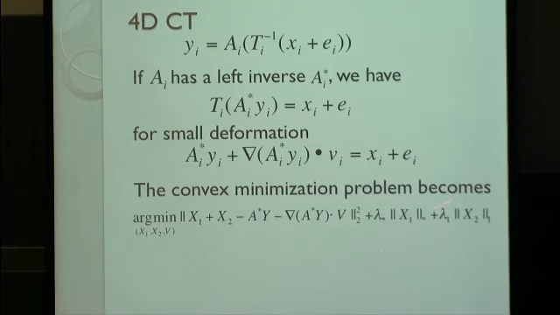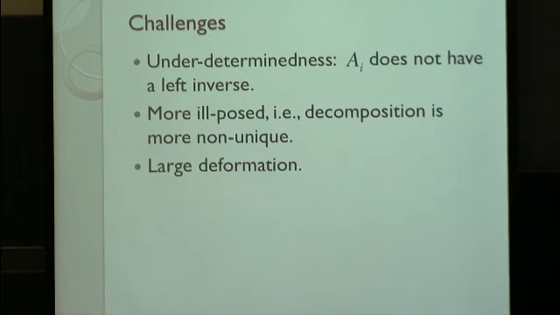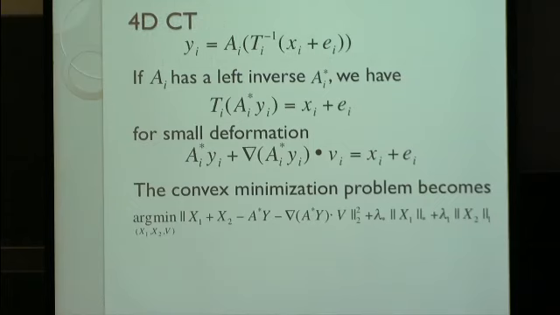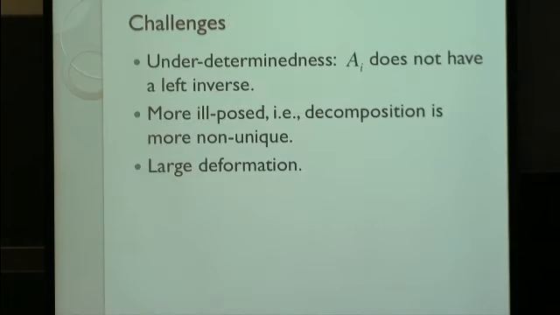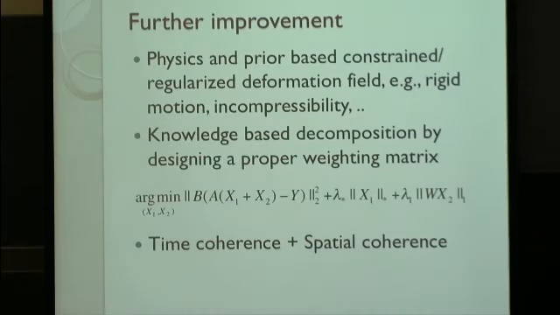Basically, if I have some object moving in these images, I can find some way to put it into the sparse part. I can also find some way to put it into the deformation part. Which one, you don't know. So there may be much more ambiguity or ill-posedness in this. And of course, all this falls down if you have a large deformation which you cannot linearize. So these are the challenges.